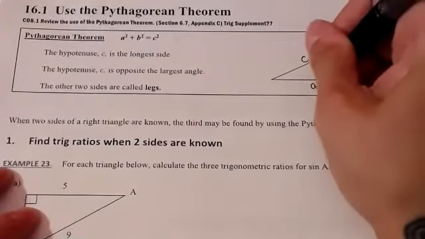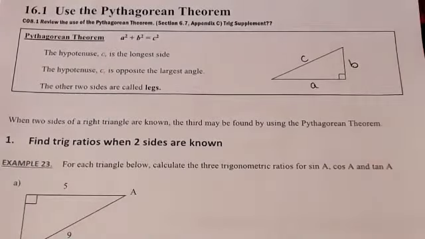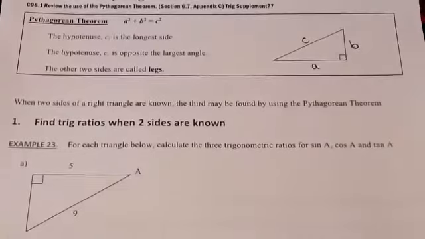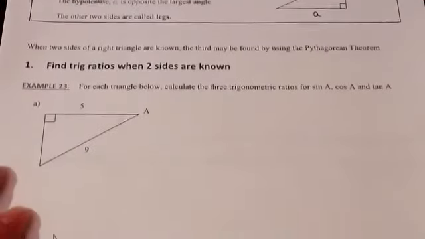So I'm just going to call this A and I'm going to call that B. You can only use the Pythagorean theorem when you have a right triangle, and you'll use it when you're missing one of your sides. We've seen this in an earlier unit when we were looking at algebraic expressions. So these are exceptionally tame compared to that. We had to do some crazy stuff when we were using the Pythagorean theorem before.